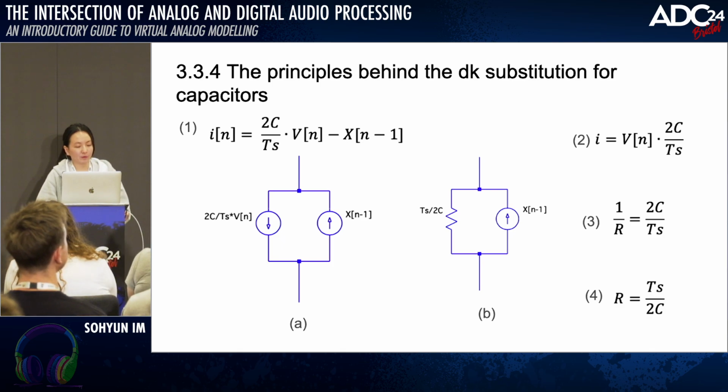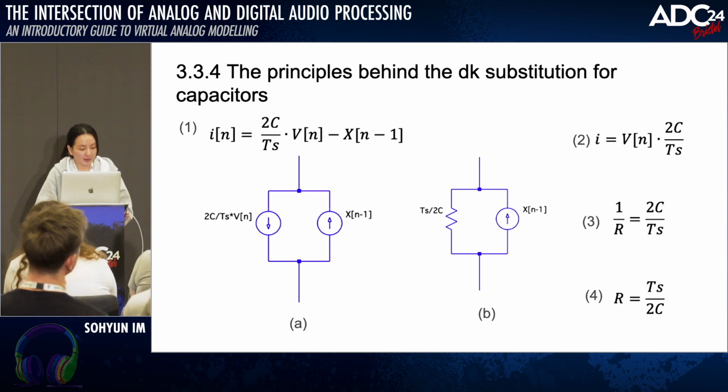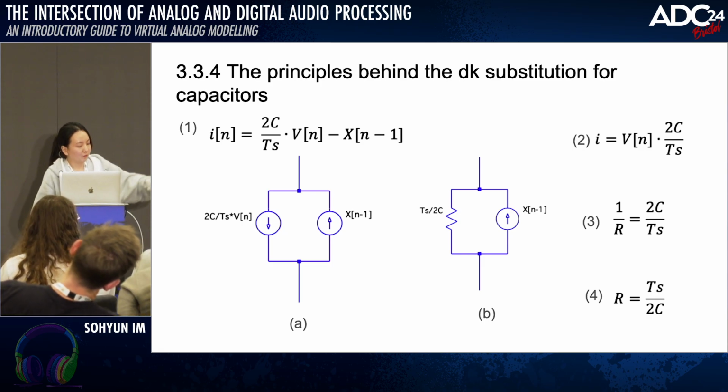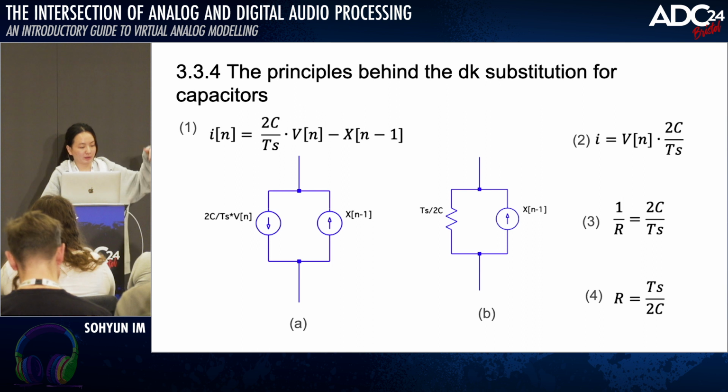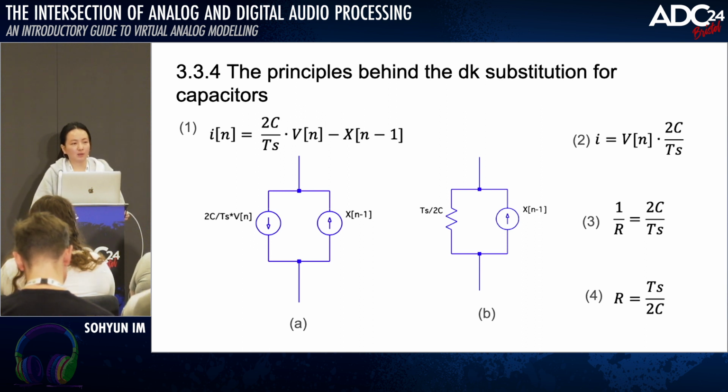When you see equation 2, the V of n times 2c over Ts is the expression for the forward direction current source. And when you see this, you can be reminded of Ohm's law: V times something equals I. And this is the current source, so this is current.